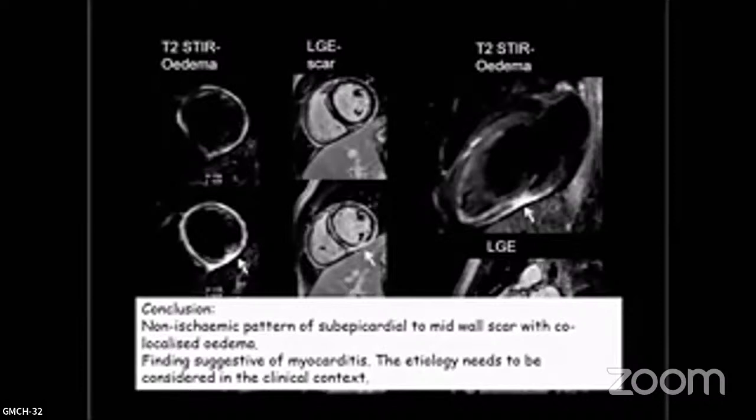The etiology needs to be considered in the clinical context. And the reason to put that additional sentence is because myocarditis is not a diagnosis on its own. When diagnosing a patient with myocarditis, we need to always look for a cause for this presentation, and CMR scan may not always find you the cause for why the patient presents with myocarditis.